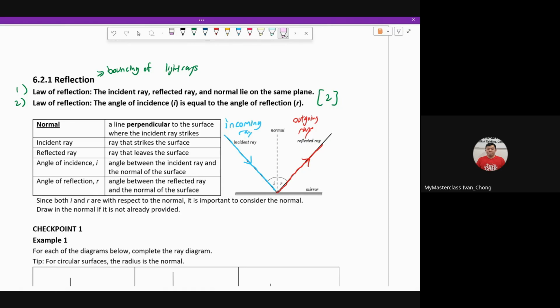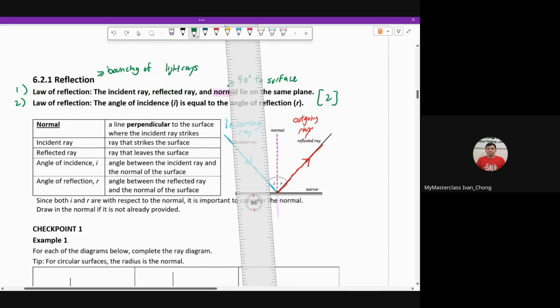Then you will notice this magical word over here. Now, this is using a dotted line. Normally, to represent this normal itself, normal just means 90 degrees to surface. So we always try to draw using a ruler, hang on, take out my ruler. Using a ruler itself, you should have 3 dotted lines.